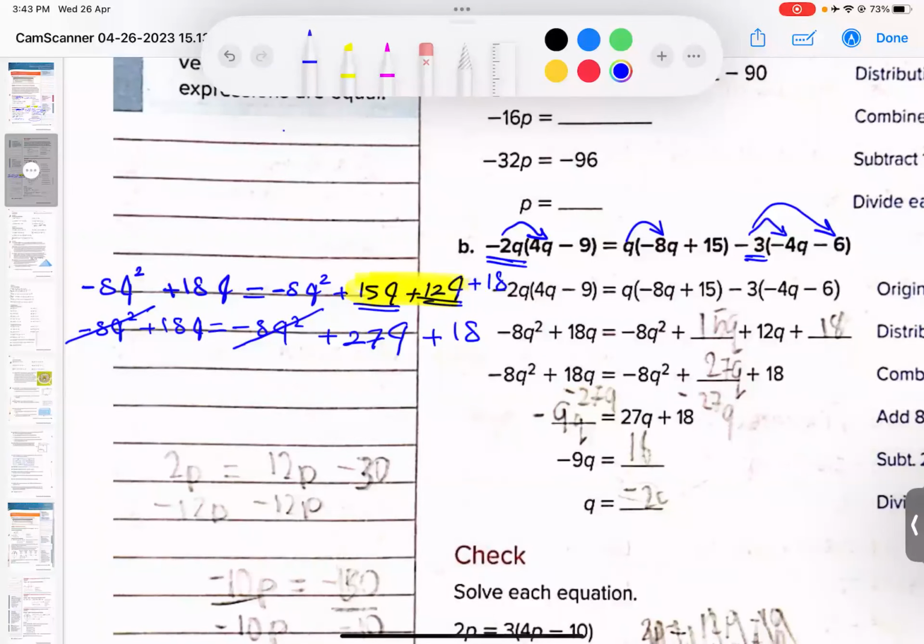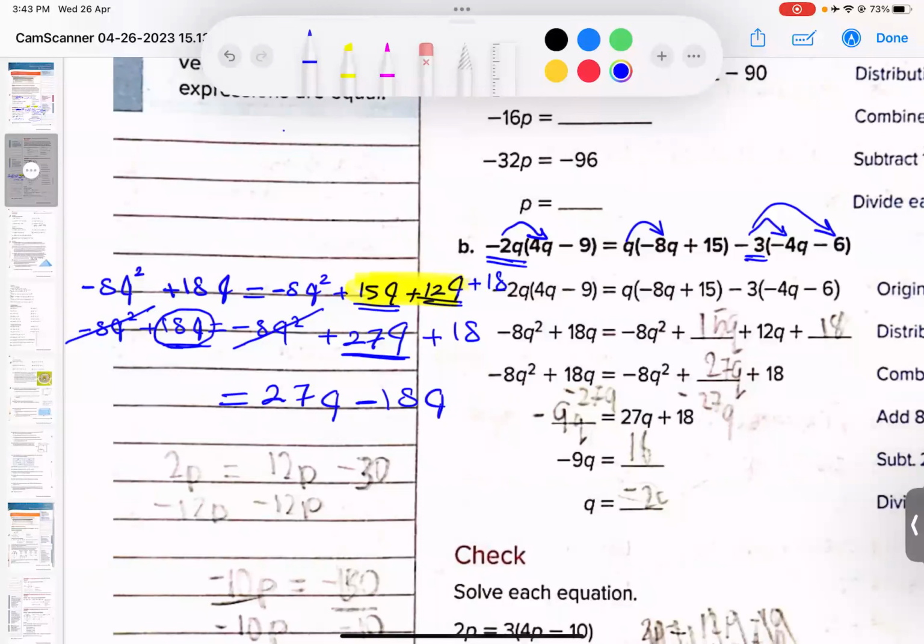So here we have 18q, and here we have 27q, right? You know, let me try to move the smaller to the greater. So where is the smaller? 18q, right? I'm gonna move it to the other side. So here we have 27q minus 18q. You know why minus?